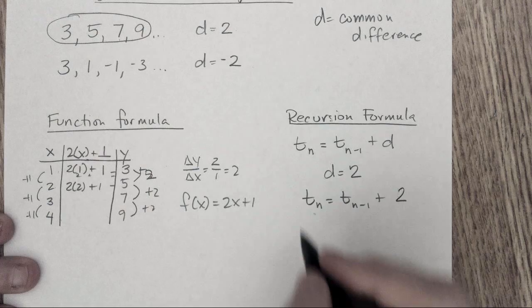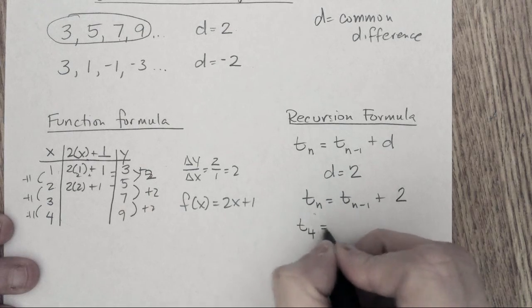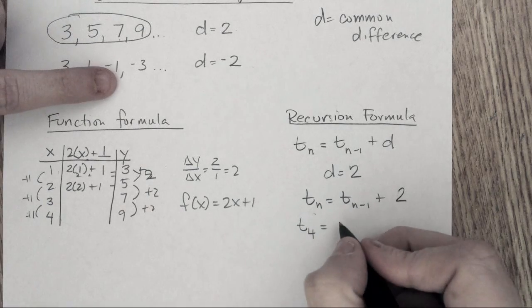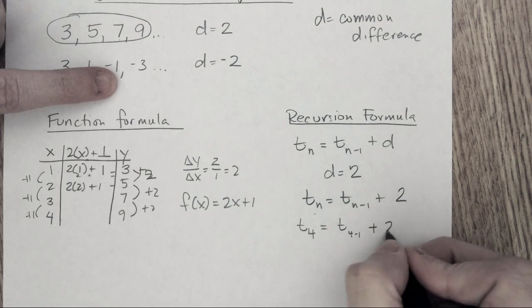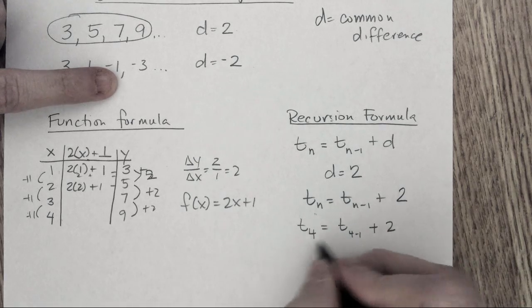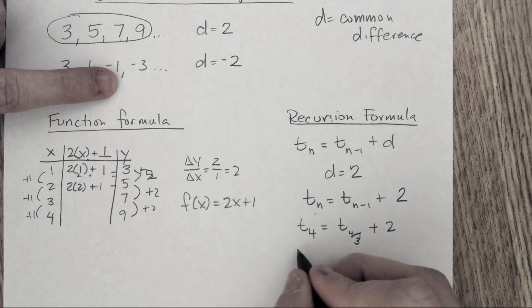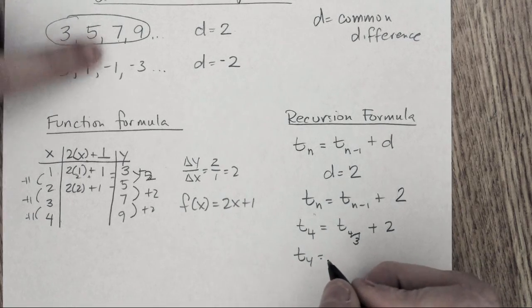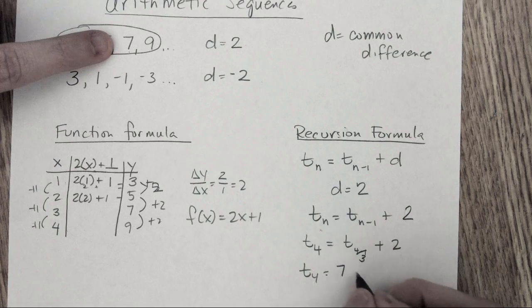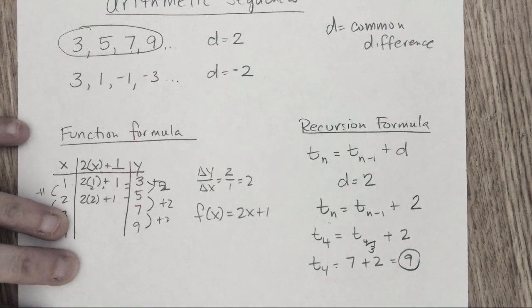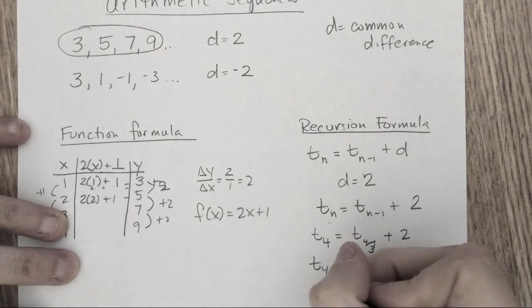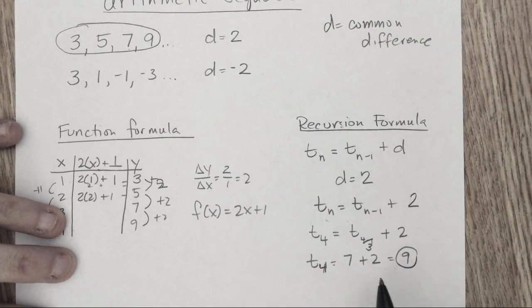So if I was trying to find term 4, I'd take the one before it, which is 4 minus 1, and add to it. So T4 equals T3, which is 7, plus 2, which is 9, exactly what I have in my sequence.